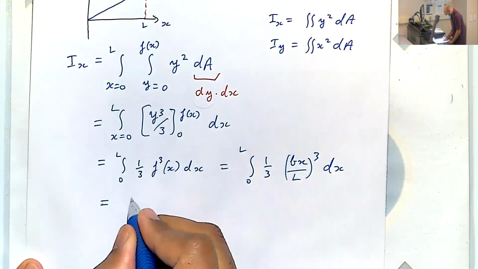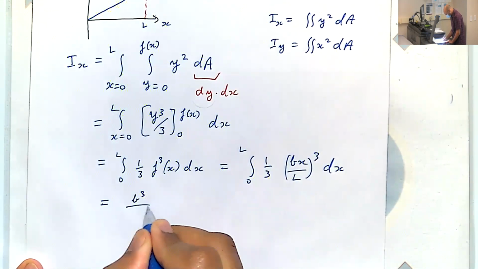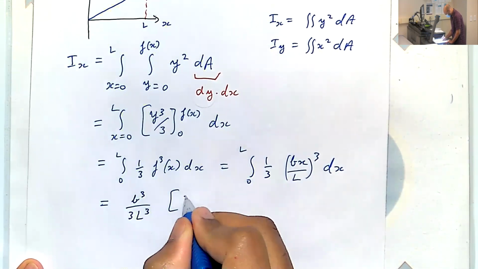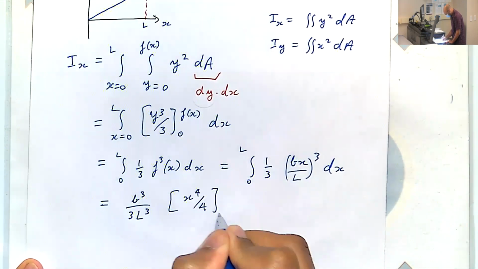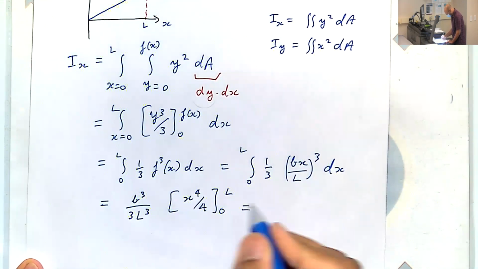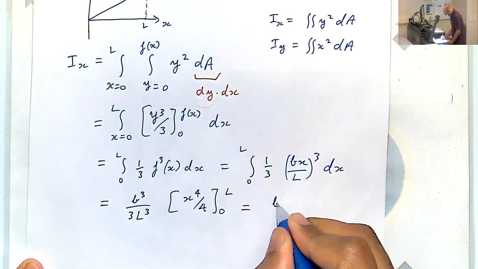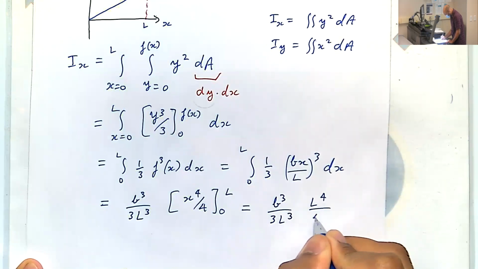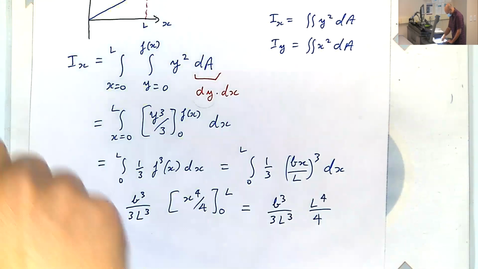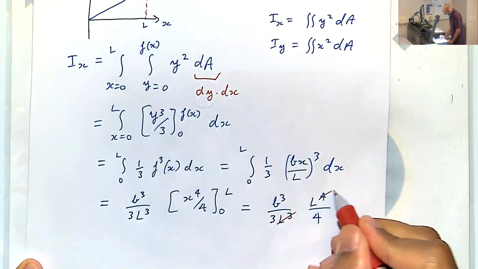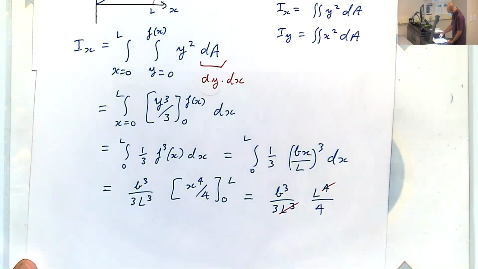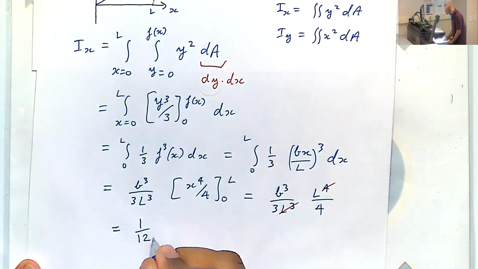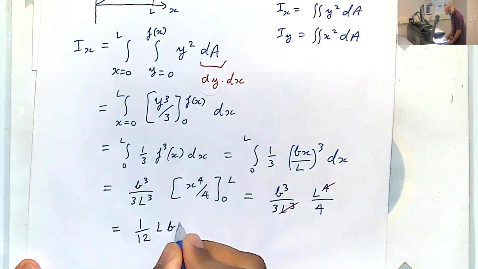So it's b cubed over 3L cubed, and the integral is x to the 4 over 4, from 0 to L. So it's b cubed over 3L cubed, L to the 4 over 4, which is 1/12 L b cubed.